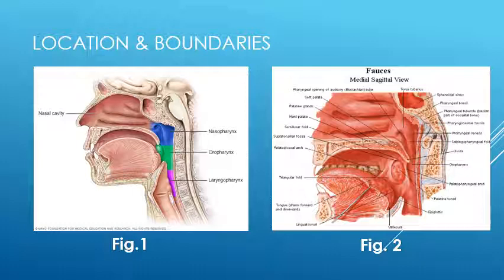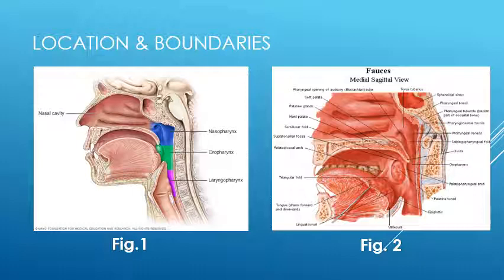Here is the lateral wall, which you can see in the diagram. This lateral wall in the second diagram presents a depressed area which is called the piriform fossa or recess on each side of the laryngeal inlet.